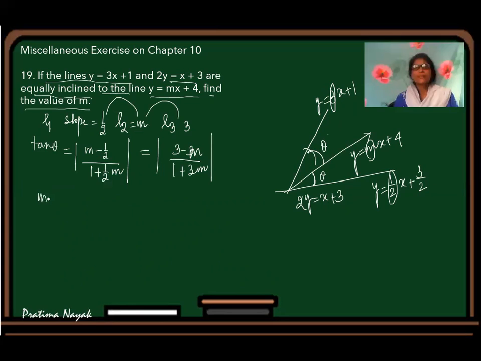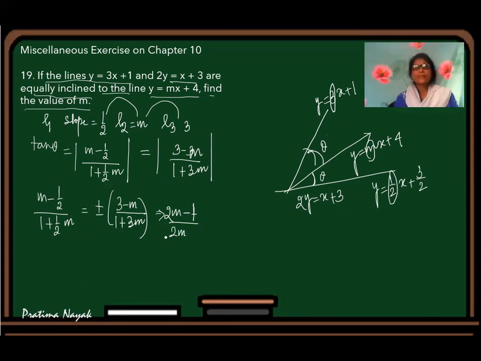So (m minus half) by (1 plus half m) is equal to plus minus (3 minus m) by (1 plus 3m). Now cross multiply. How much are you getting? I'll get m minus half, or I can make it (2m minus 1) by 2.